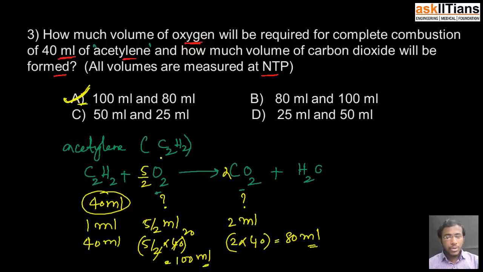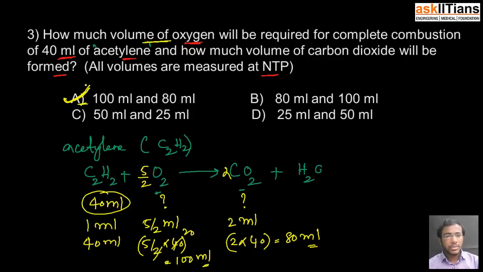Also, don't confuse between these two options. If people get the answer 180 without looking at the options properly, they may tick option B. So in this question, it is important to see in which order they are asked. First the volume of oxygen is asked, and the volume of oxygen is 100 ml.